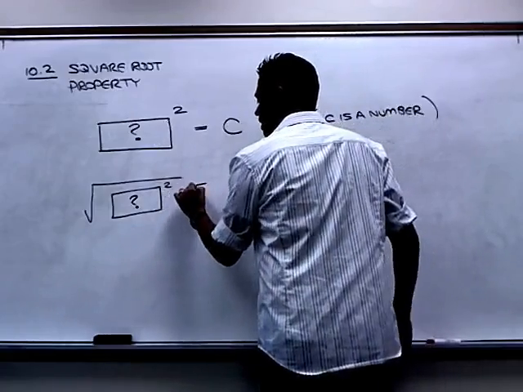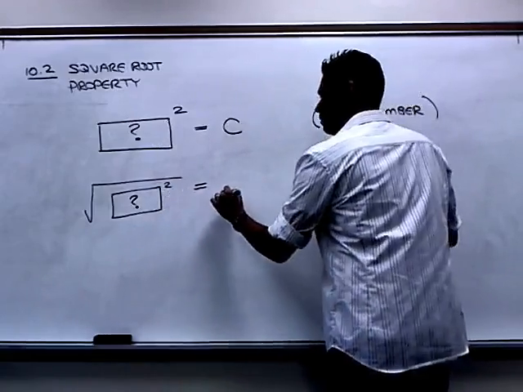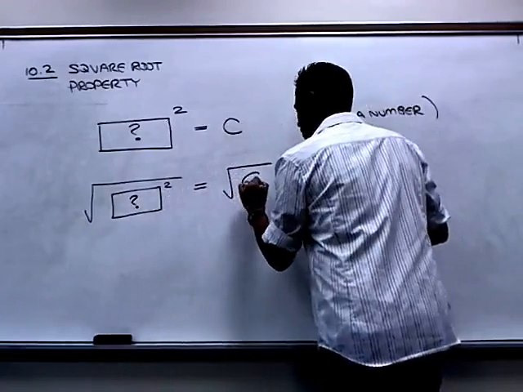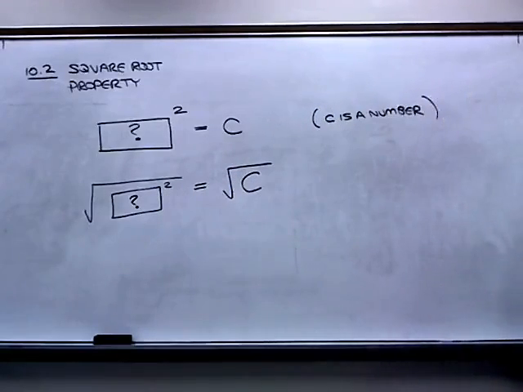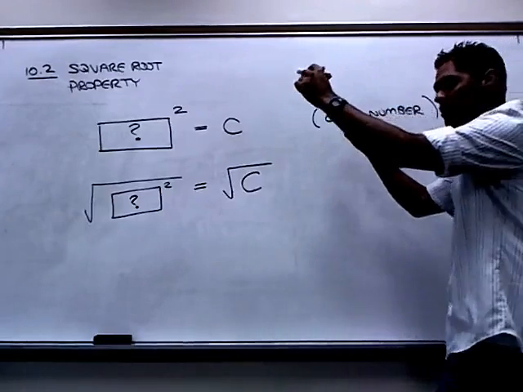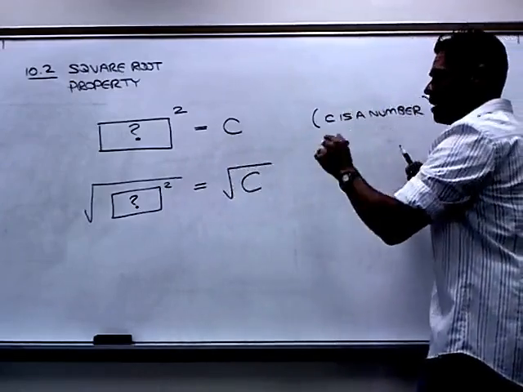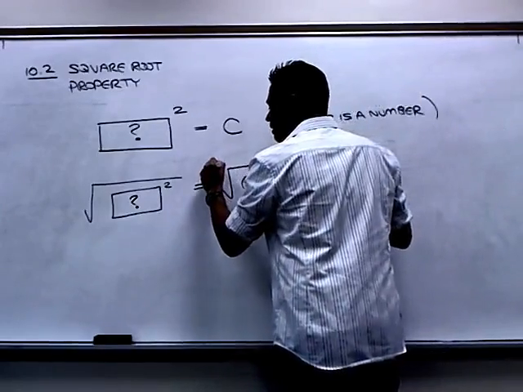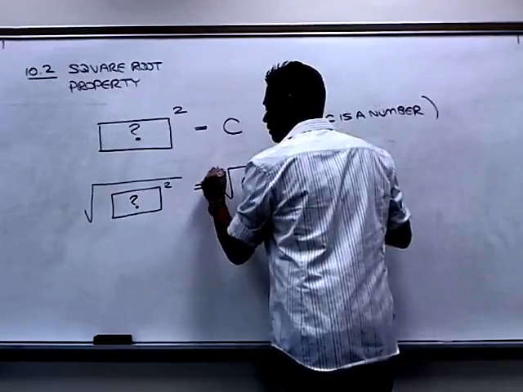And then on the right side, I do the same thing. But there's one important thing you have to remember. When you take the square root on both sides of an equation, you must add a plus or minus here.